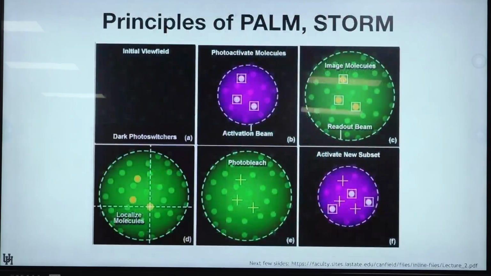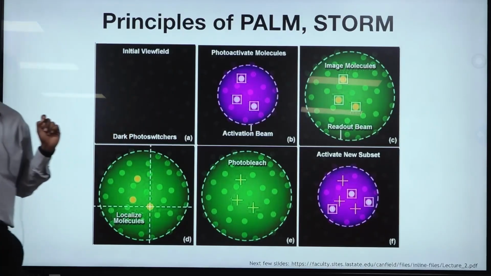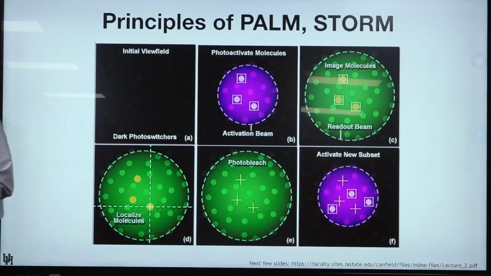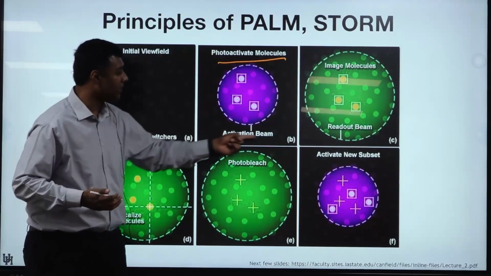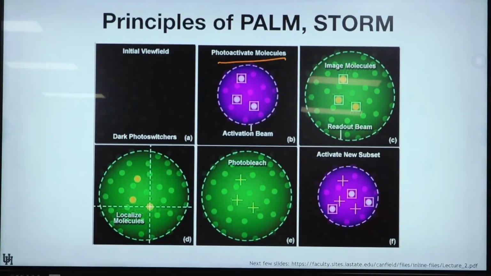So here is the basic idea. Let's say there are a lot of dots inside a sample over here. These are photoactive molecules. If you shine an activation beam, some of them start emitting light.